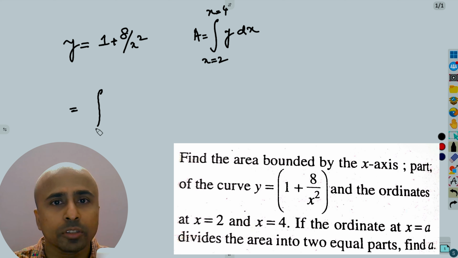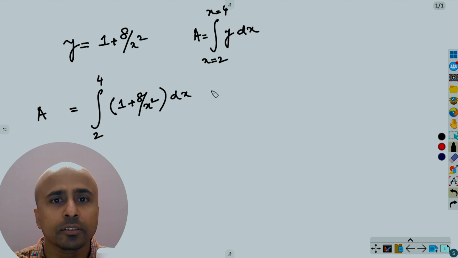So if we now substitute the value here, we obtain A equals integral from 2 to 4 of 1 plus 8 upon x square dx.